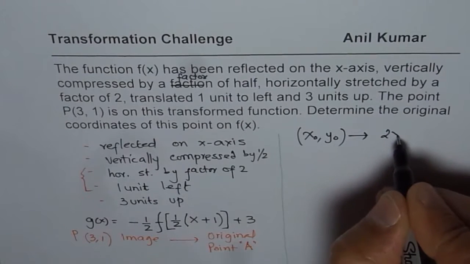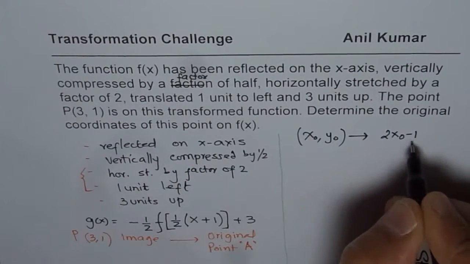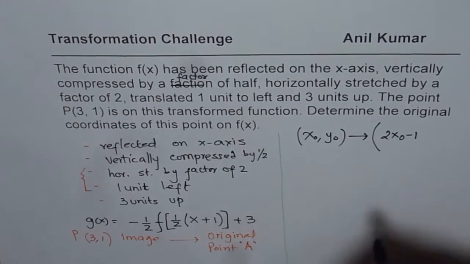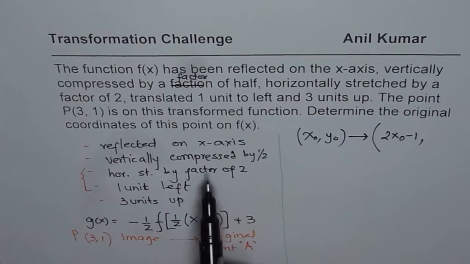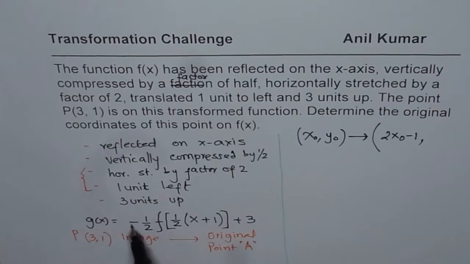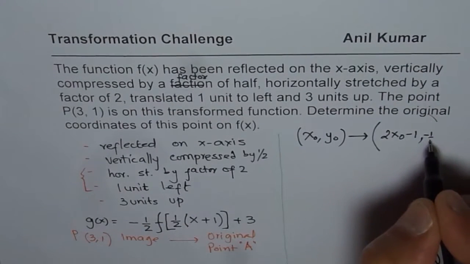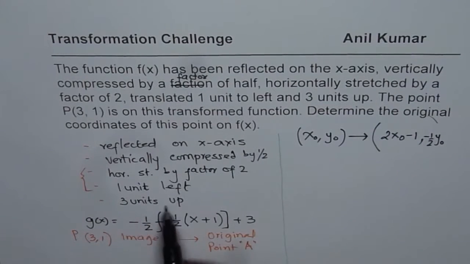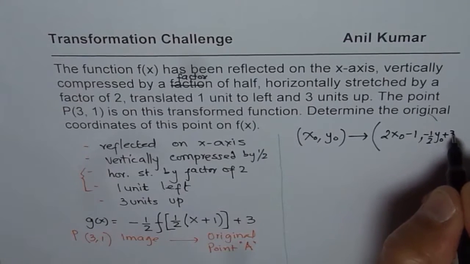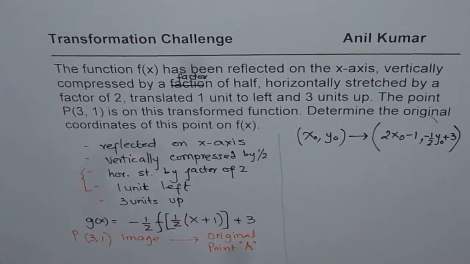So it is 2 times x0 minus 1. This is what happens to the x values. As far as the y values are concerned, reflected on the x-axis means minus, vertically compressed by half, so they get multiplied by negative half of the original y value, and then 3 units up means you add 3, correct? So that is the kind of transformation which takes place.